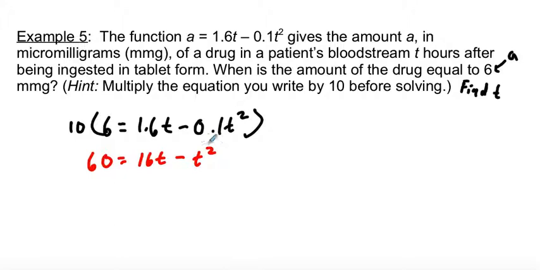So now I'm just going to bring everything over to one side. Since t squared here is negative, I'm going to make it positive, so I'm going to bring it over to the other side. So I get t squared plus 60 equals 16t. Let's also bring the 16t over.